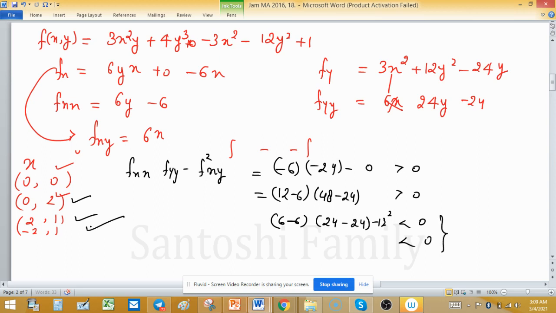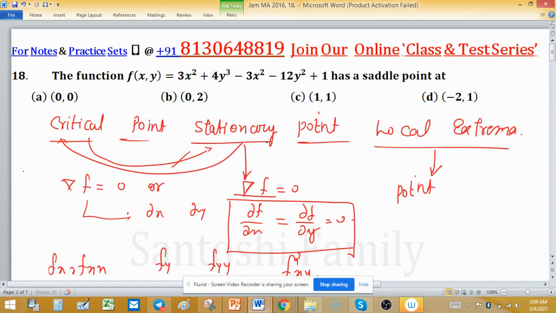So these are saddle points. So 2 1 and minus 2 1 are saddle points. But the given option is only minus 2 1. So option D will be the right choice.